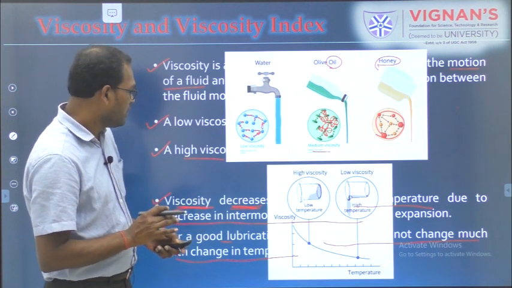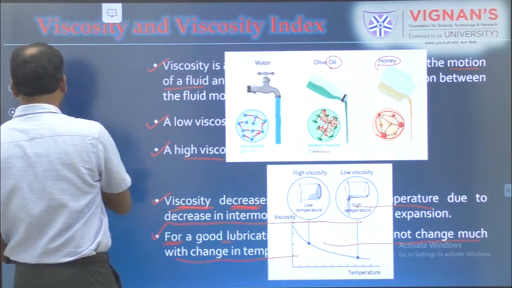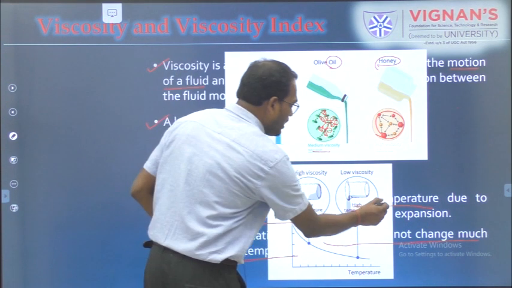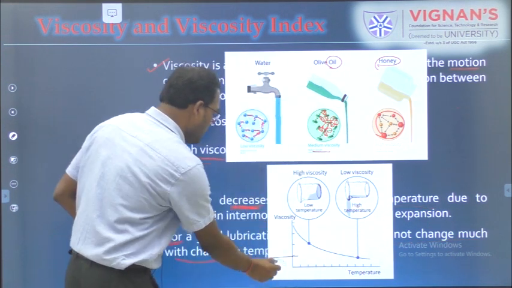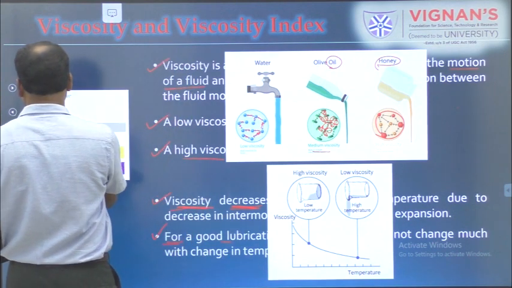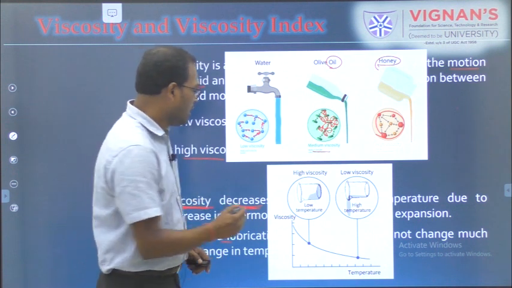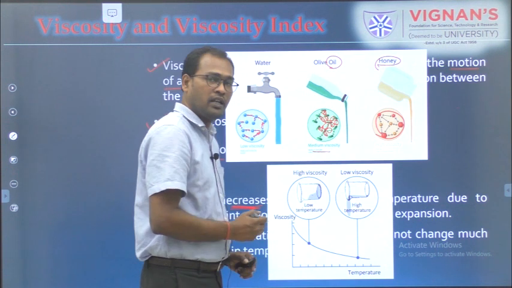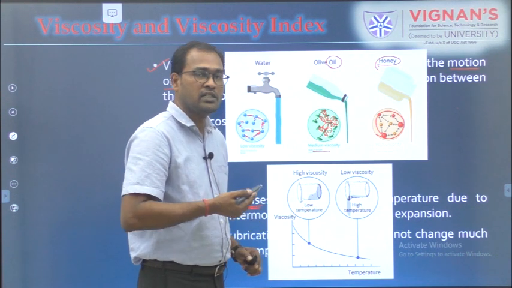So, moving forward, this is one example to show the effect of temperature on viscosity. There are two beakers you can see there, and this beaker is at low temperature, and at low temperature the viscosity is higher.